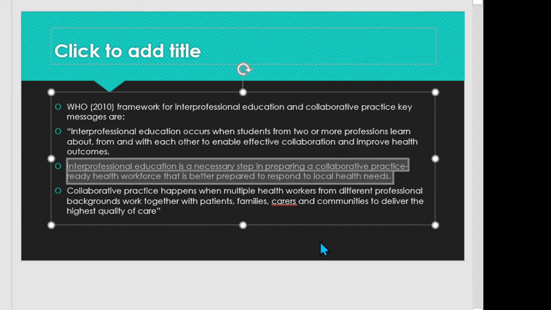So if we already know how to work collaboratively as students, then when you become a professional, it is very easy for you to work with other professions, for the main purpose of giving the highest quality care to your patients.